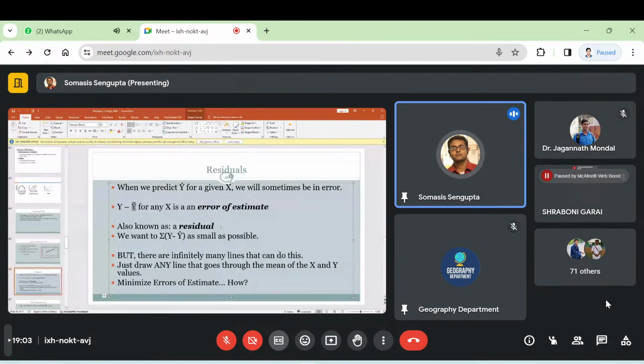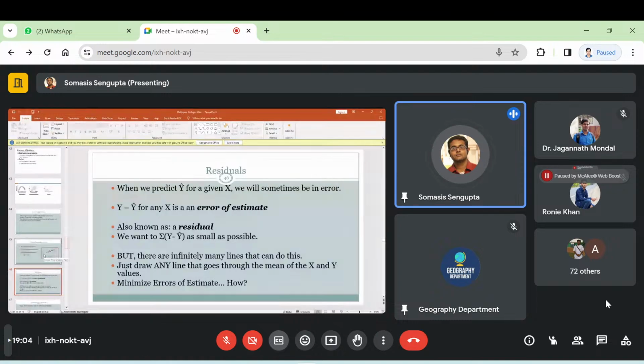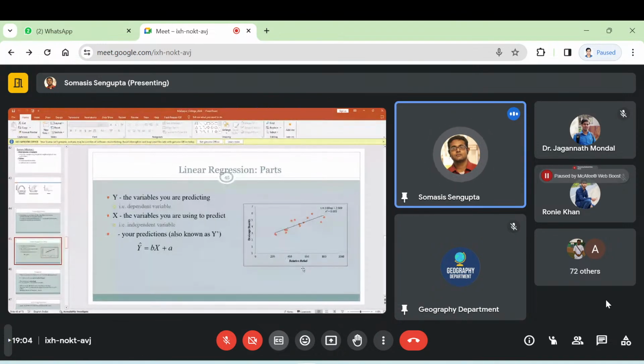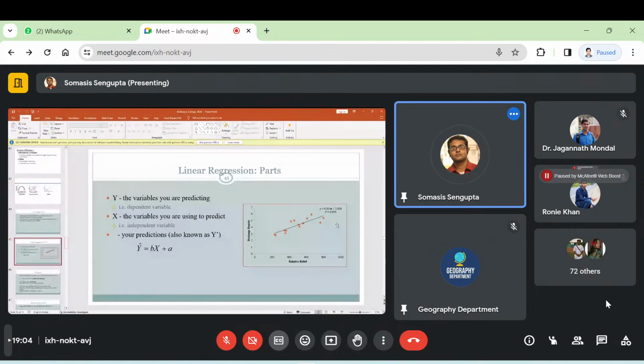Now, if I want my relationship to be more reliable, then my idea should be to ensure that this error of estimate to be as low as possible. So we have to summation this y minus y crow, and it should be lowest. Now between these two parameters, relative relief and drainage density, a number of lines are drawn.